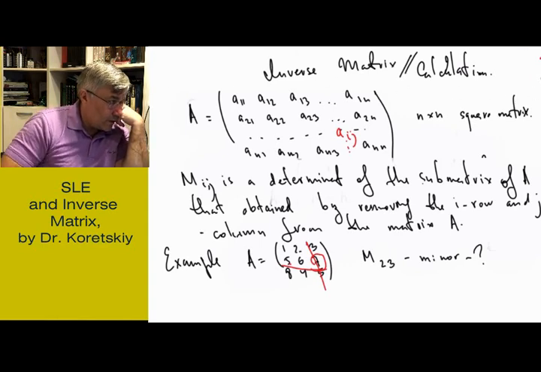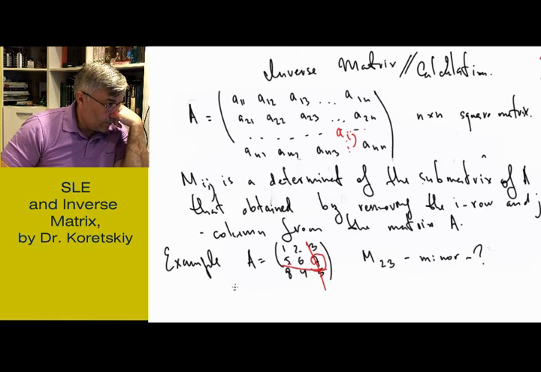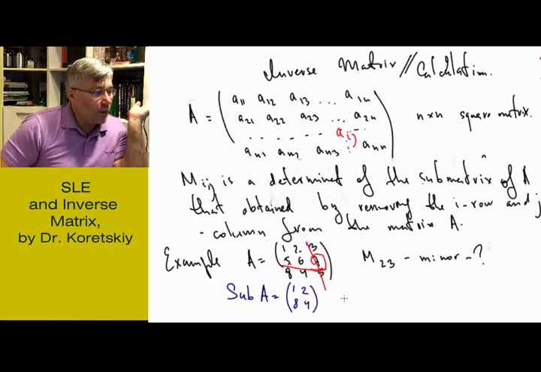I define it like sub A equal 1, 2, the second I have to remove, and 8, 4, and calculate determinant of this matrix.